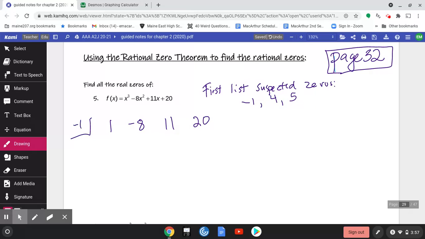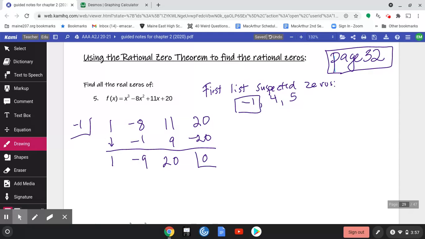So I'll just start with a -1. And I'm going to do my synthetic division. So this goes, bring this one down, and I get a 1, multiply by -1. -9, multiply, +9. 20, multiply, -20. And I get a 0 for my remainder, which means that it is, in fact, a zero. I know that it works. I can circle it.